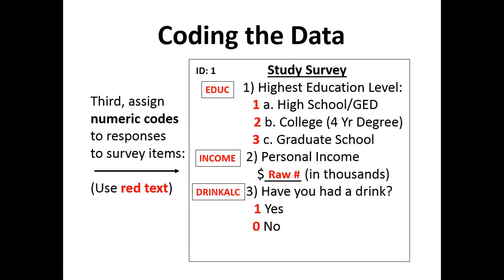So income is just the raw number given by the study participant. So that's entered there. And then for drink alcohol, we have a 1 for yes and a 0 for no. And we always keep 0 as no. So you can see that the numbers are again red and bolded, so they stand out from the original study survey.